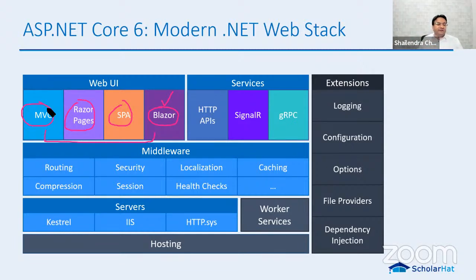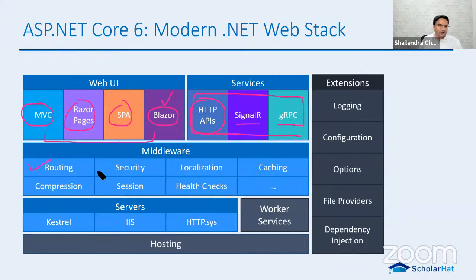So these are the 4 options we have for building the web UI. Then these are the options we have for building services. We have the HTTP API, that is a web API. We have SignalR and we have gRPC. So these 3 options are available for building APIs. And all of them share the middleware.